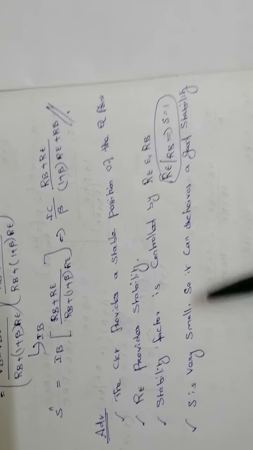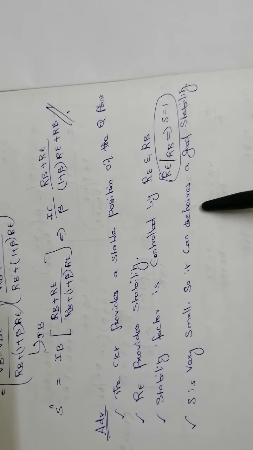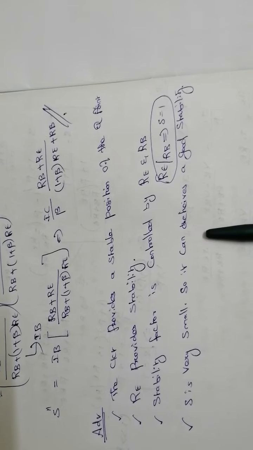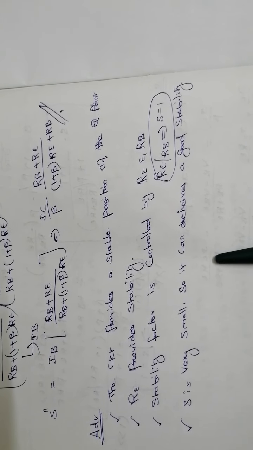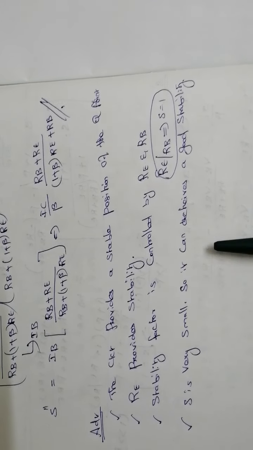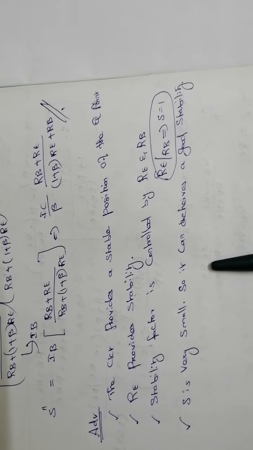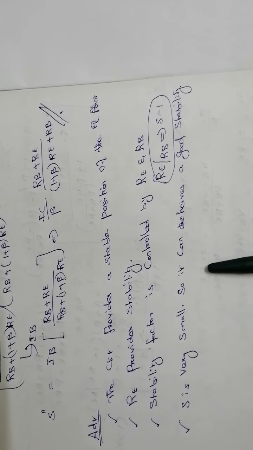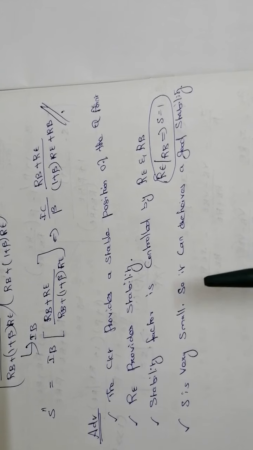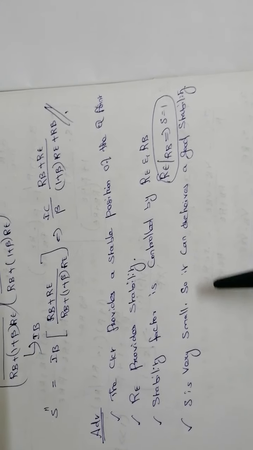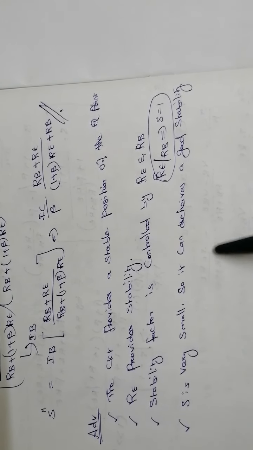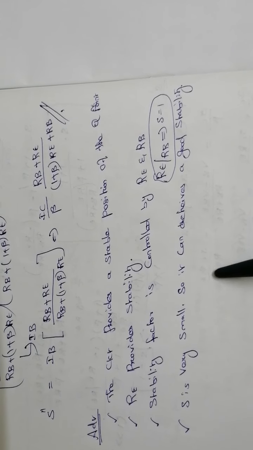So in the first unit we have seen biasing circuits. That is, what is biasing, why we apply biasing, what is the need of biasing, how to achieve a biasing circuit, what is meant by operating point, how to select the operating point, what are the possibilities to change the operating point, and how it becomes stable.